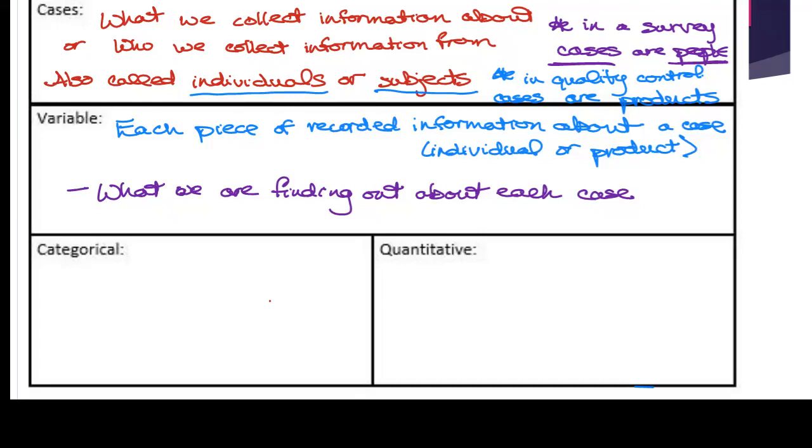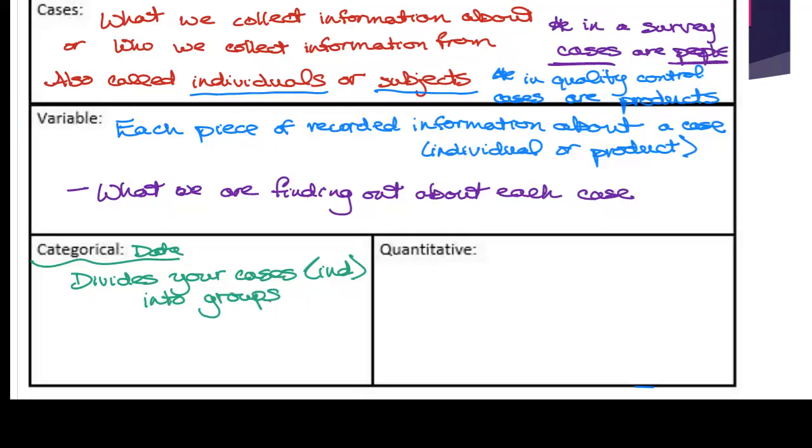So categorical data, we'll say, is what divides your cases, especially the individual cases, into groups. The categorical data is what divides your cases, specifically individuals, into groups.